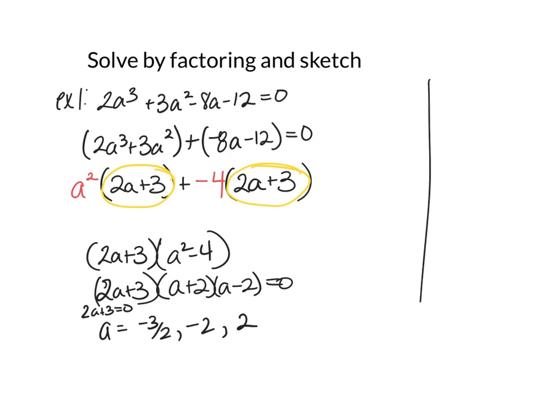So a sketch just means I'm going to draw a rough picture of what it looks like. I'm going to be accurate on the x-axis, but I'm not going to worry about how high it goes on the y-axis. So let's see, 1, 2, I have positive 2, negative 2, and negative 3 halves, which is negative 1 1/2.